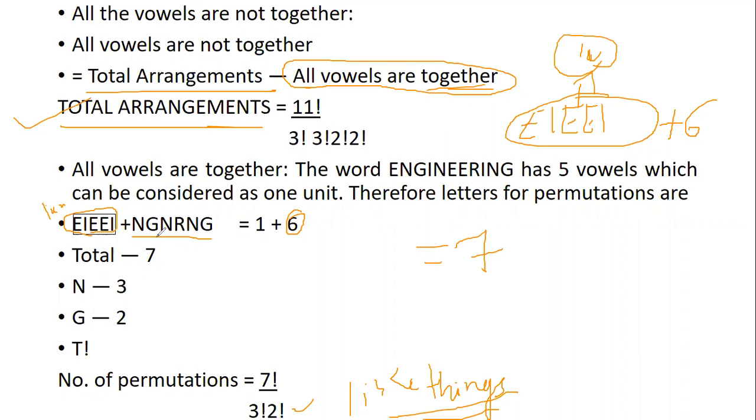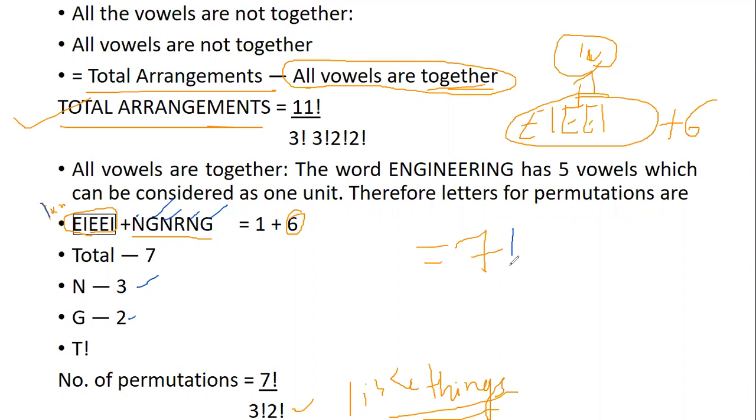But for the left out consonants, we are supposed to check the repetition. N is repeated 3 times, G is repeated 2 times, and R is there only once, so we don't consider that. So in the numerator, we take 1 unit plus 6 units of the other consonants, which becomes 7 units.